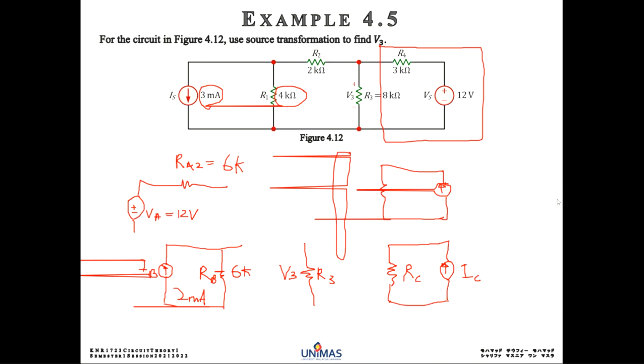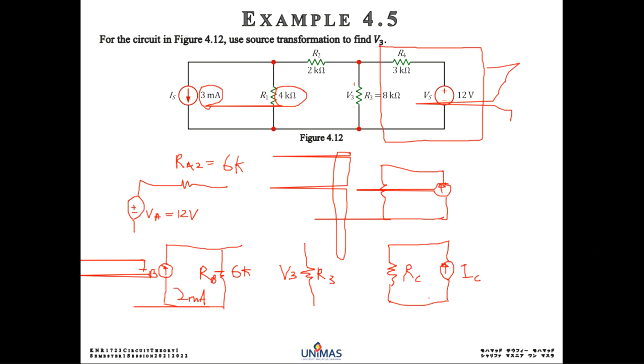RC. Oh, I see. Ni RC kat sini ni. Kalau you transform this part, okay, this part kepada this part, voltage kepada current source. What is RC? 6 kilo ohm.